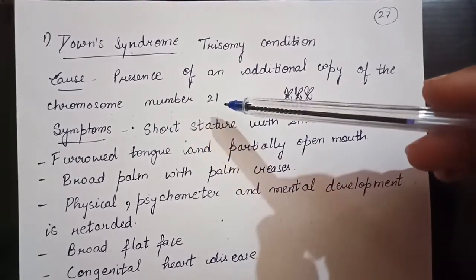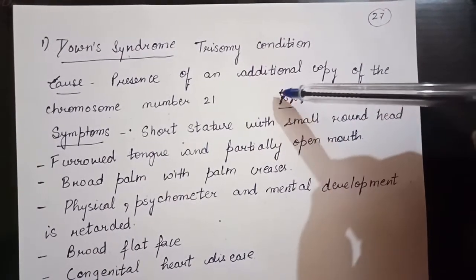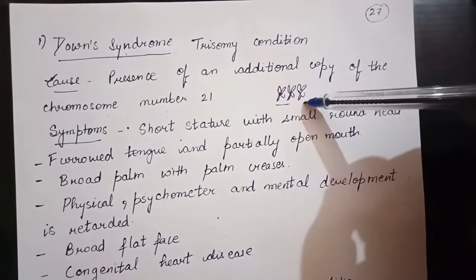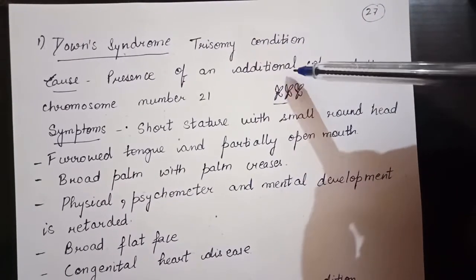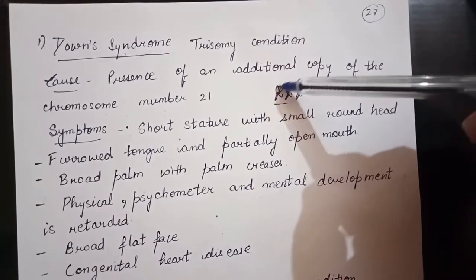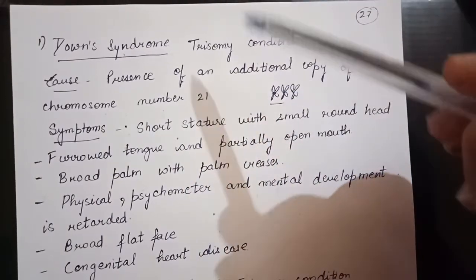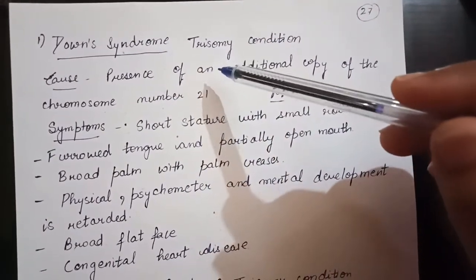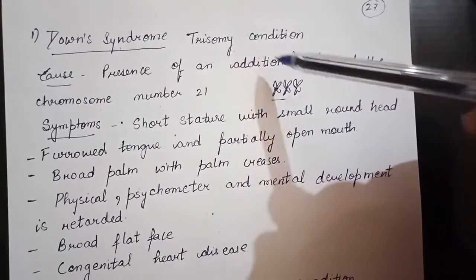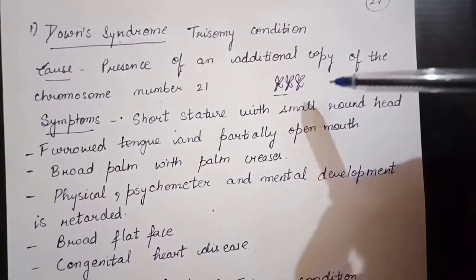So if three chromosomes are present instead of two, one extra chromosome, an additional copy of the chromosome, is present with the pair of homologous chromosomes. This condition is responsible for causing Down syndrome, and that's why it is known as a trisomy condition. Trisomy means one extra chromosome is present. So the total number of chromosomes will be 47.